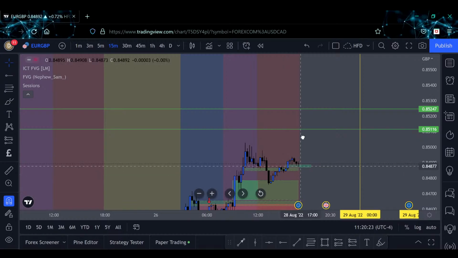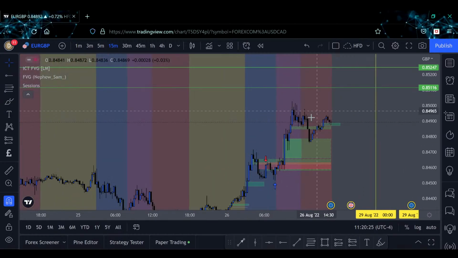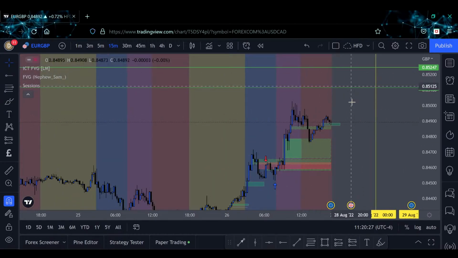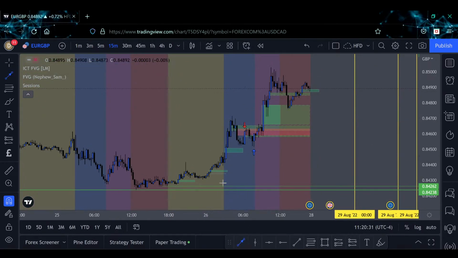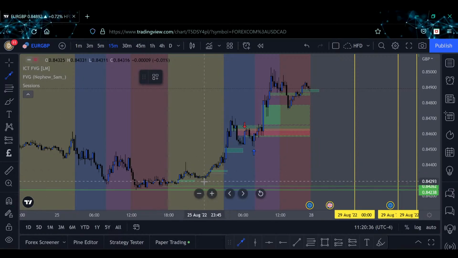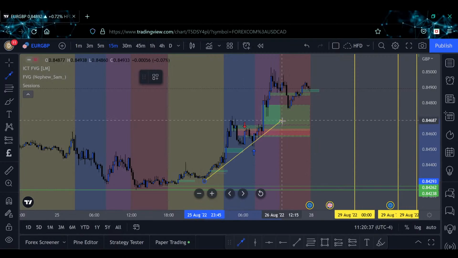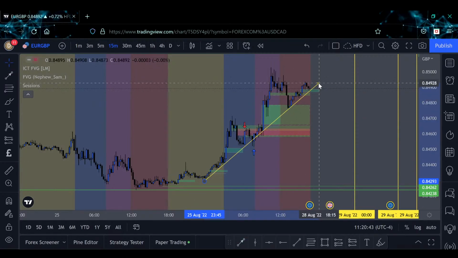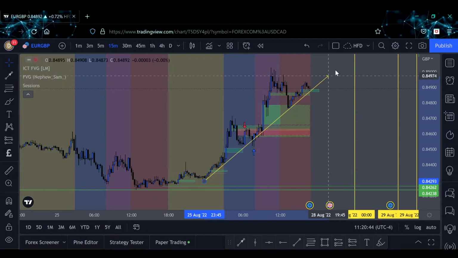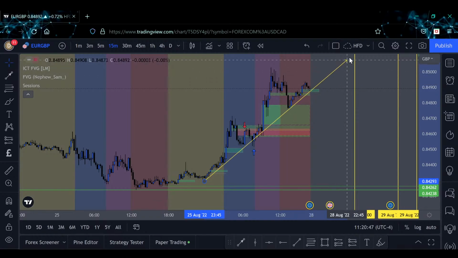That makes sense. It's going to be the draw on liquidity up here. Although there is a trend line here, which I'll extend up.